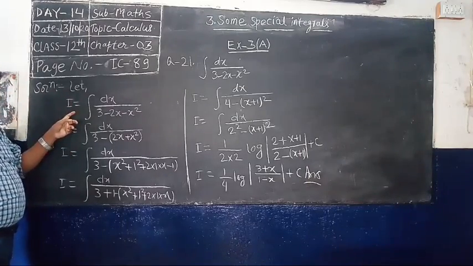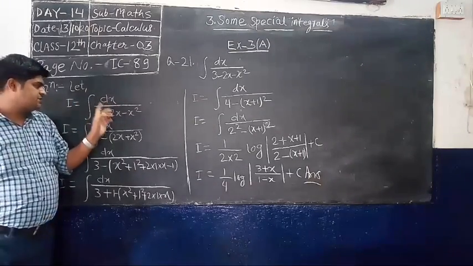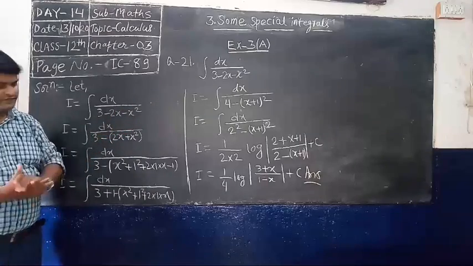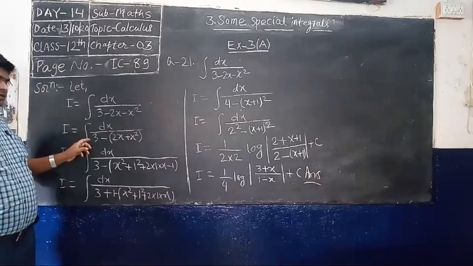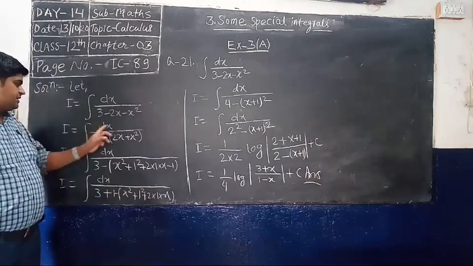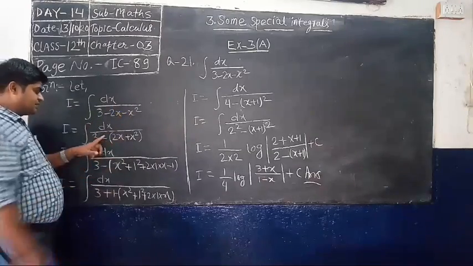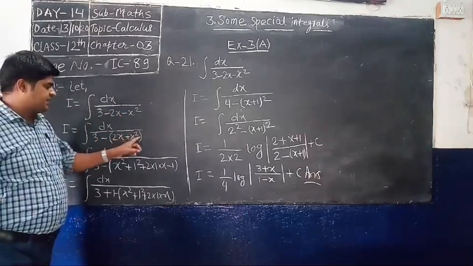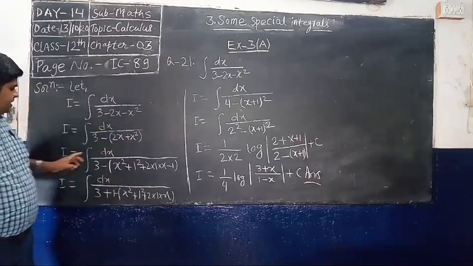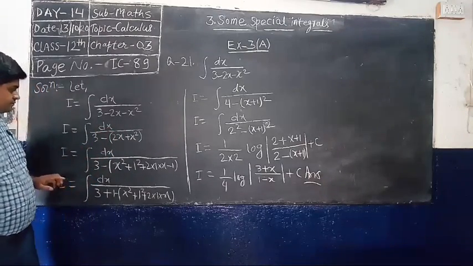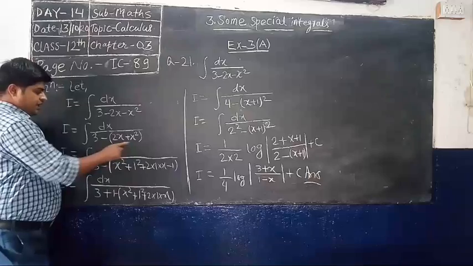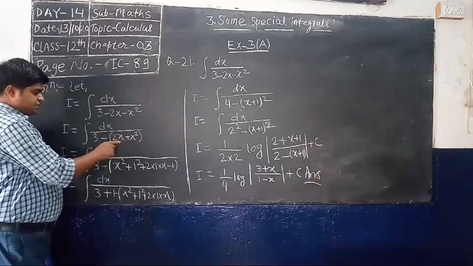Let I be the integration of dx by 3 minus 2x minus x square. Then I is equal to integration dx by 3 minus, taking minus as common, 2x plus x square. Now you will convert into a plus b whole square, where this is 2ab.